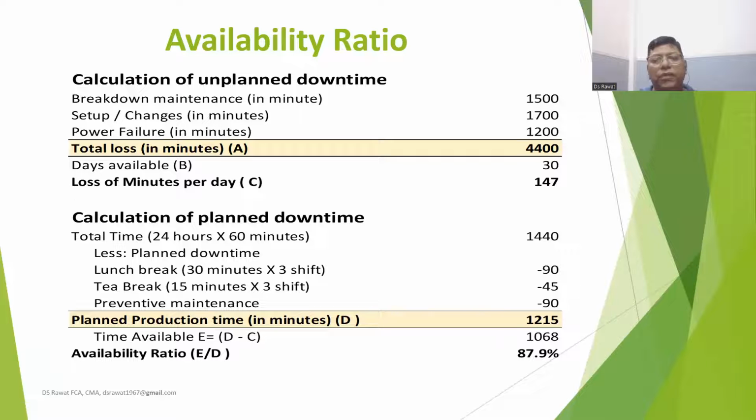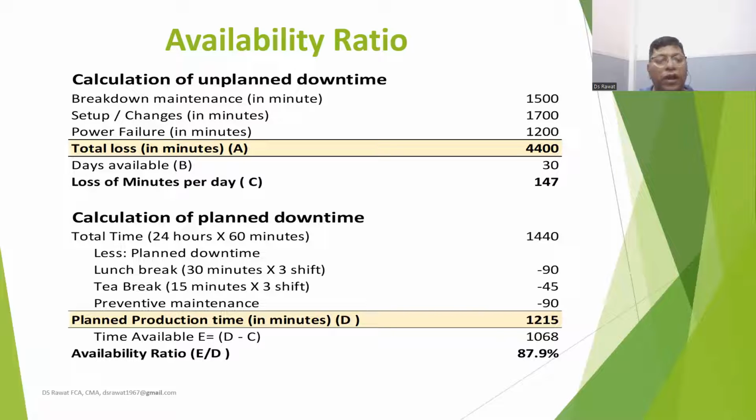And it is estimated by the management that some preventive maintenance has to be done to run the machine continuously. Whatever the preventive maintenance programs are, accordingly management has decided 90 minutes per day will be the preventive maintenance time. So that time is called planned downtime.